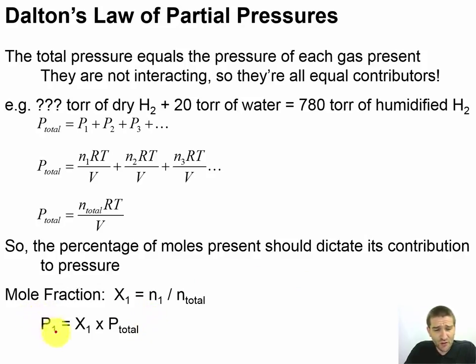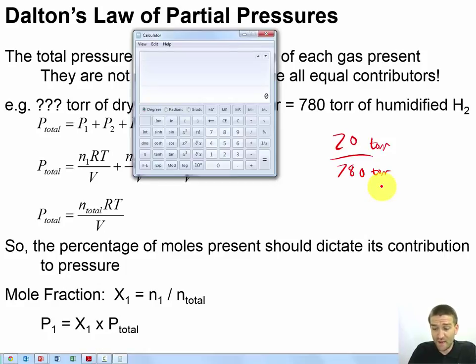We can say the pressure of each gas is going to be its mole fraction times the total pressure. So notice up here, I can also figure out the mole fraction working backward. If I've got water, and the water was 20 torr, the total pressure is 780 torr, then from that alone I can determine the mole fraction. I would just grab my calculator and type in 20 divided by 780.